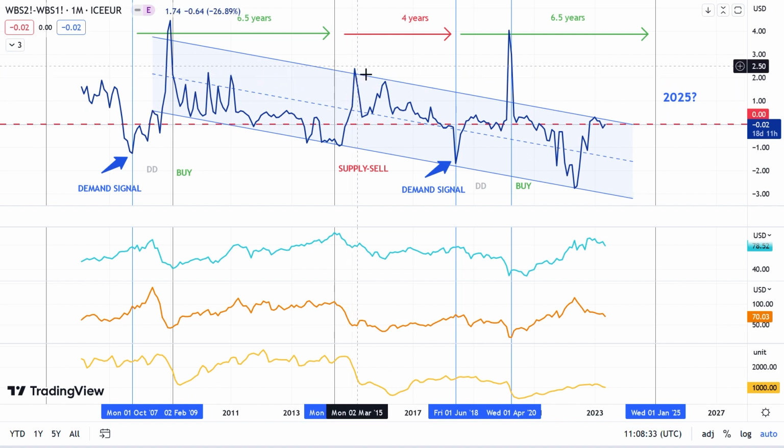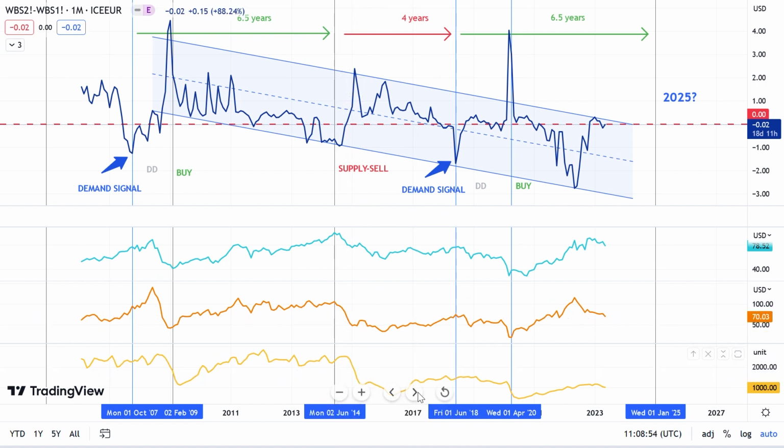We went strongly into contango, and it was over $2 a barrel spread between the forward month and the current month. And then we had 4 years of downward trend in the oil price.